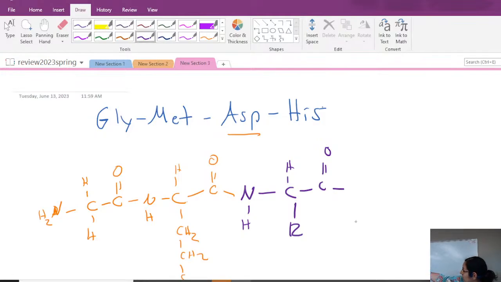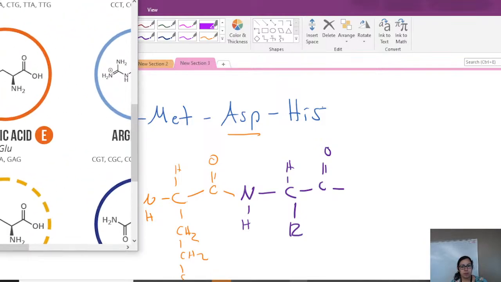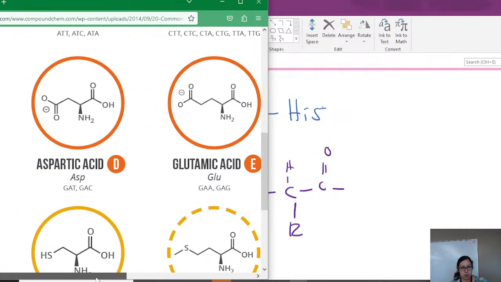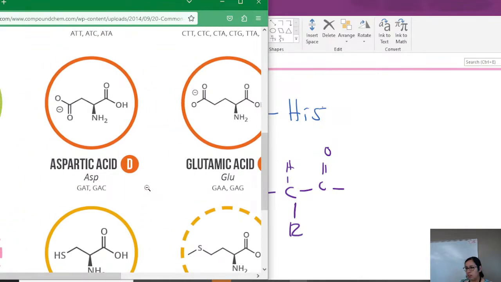Or you can look at what I've drawn on the screen. I was trying to help. Yeah, I think you were there for the ASP one. My only complaint was that there was one hydrogen. Show everything on screen.